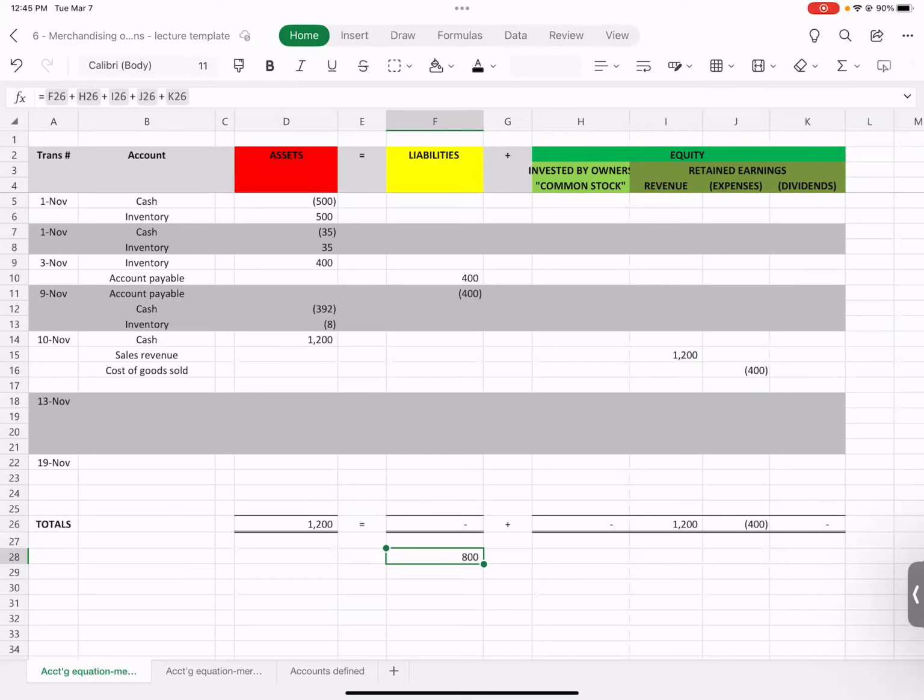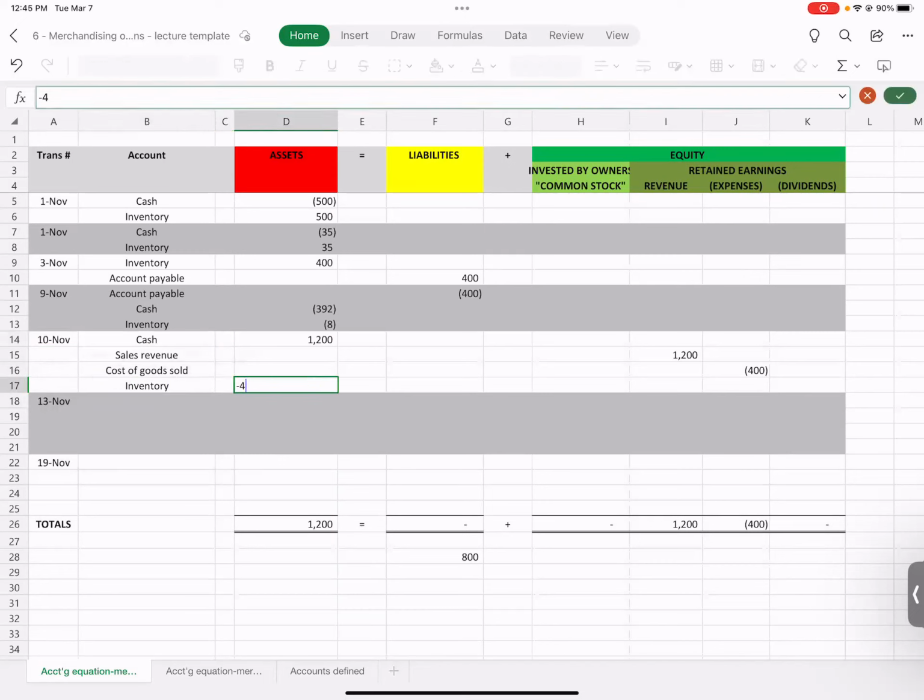And if you think about what happened in the November 10th transaction, we had inventory on our shelves and we then just sold it to a customer. So do we have that inventory anymore? Absolutely not. Inventory, which is an asset, is also decreasing by 400, okay?